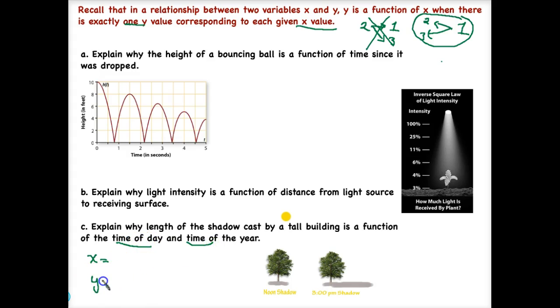Our dependent variable y is going to end up being the length of the shadow. So the length of the shadow depends upon the time of the year. And as we know, the length of the shadow changes for each x value. So in this case, there is only one y value, or one length, given the time of the day or the time of the year.